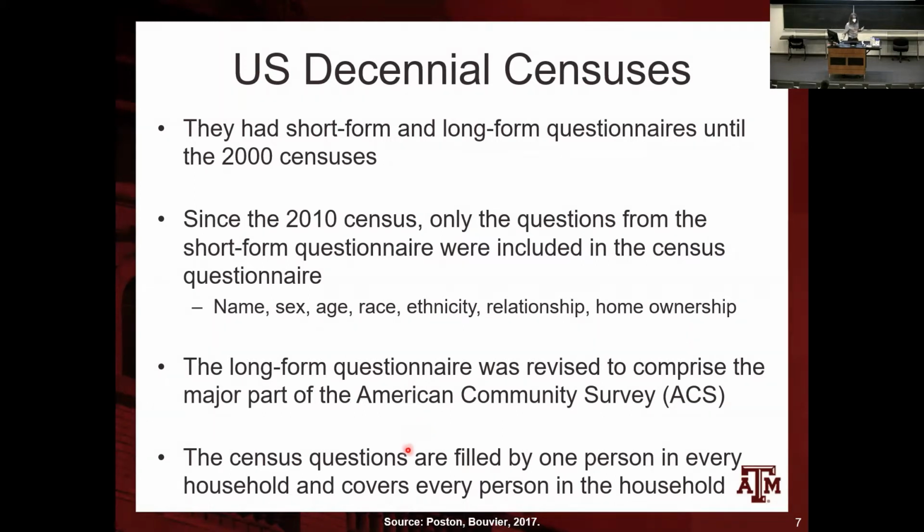And the idea is that both in the short form, which is now implemented only through censuses, and the long form, which is implemented through the ACS, one person in every household provides information about everybody else.